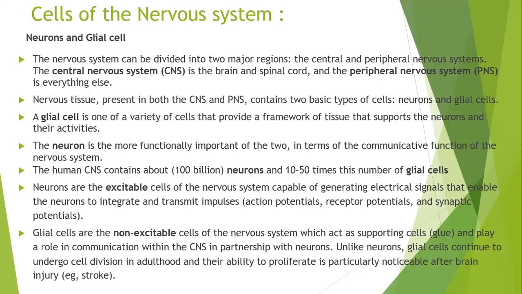So you find that the glial cells are more numerous. They may be the ones which are not doing the function of electrical signaling, but they are more numerous so that they can support the functional cells. For that reason, we say the neurons are the excitable and the glial cells are the non-excitable.